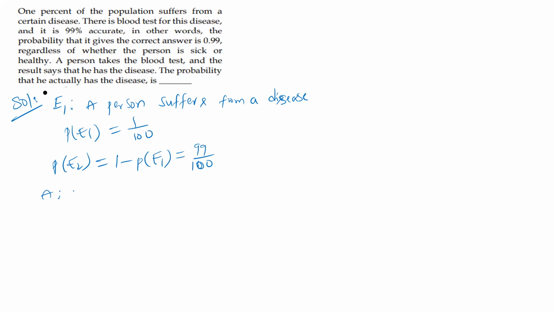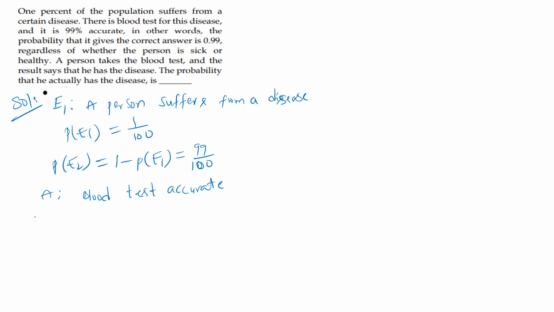So here, event A is the blood test reports accurate. Okay, no? And the test reports accurate means if some disease is there, it's identified.